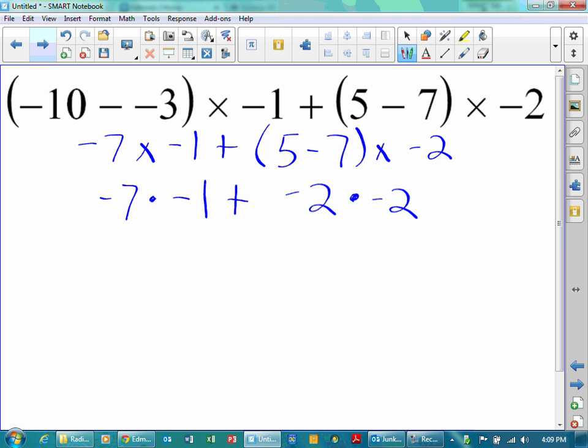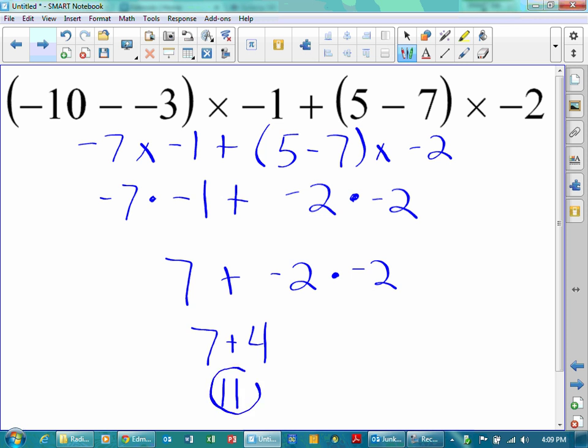We got negative 7 times negative 1. That makes 7. Negative 2 times negative 2 is 4. And 7 plus 4 is 11.